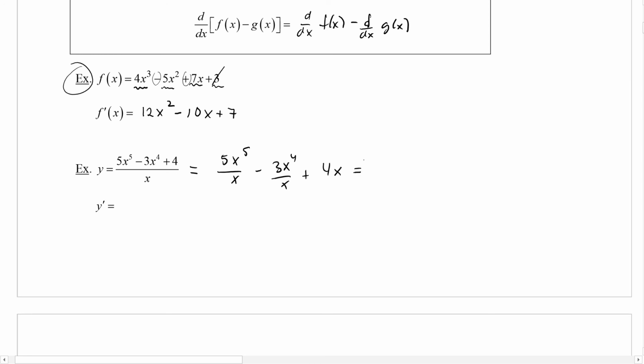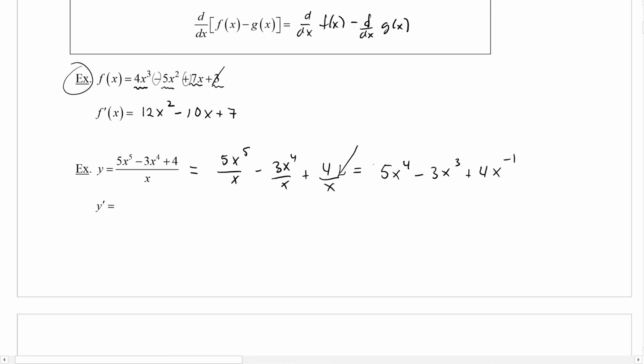Now, I can simplify since I have common factors top and bottom. So it's 5x to the 4th minus 3x to the third, and then plus 4x to the negative first. Because my x is in the bottom, I can move it up to the top as a negative power.